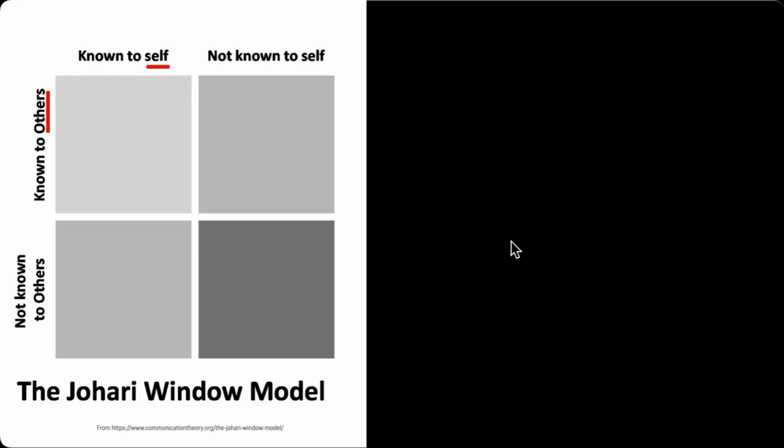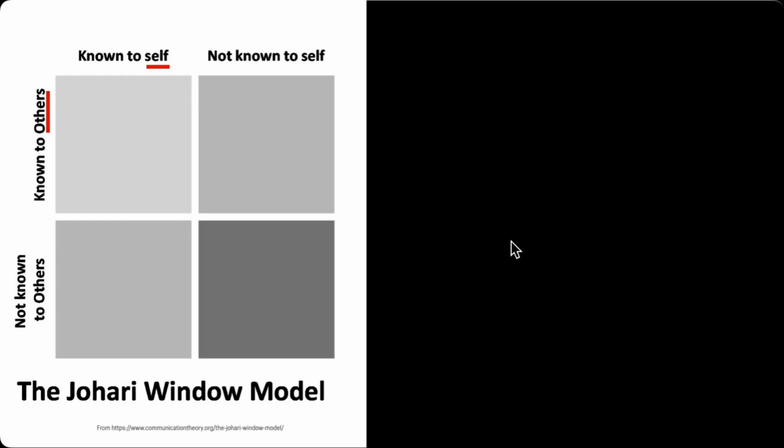So if there is a piece of information, the x-axis indicates I know it or I don't know it. The y-axis indicates others know it or others don't know it. If you put these in a 2 by 2, we get a four-quadrant picture, and this is called the Johari Window.